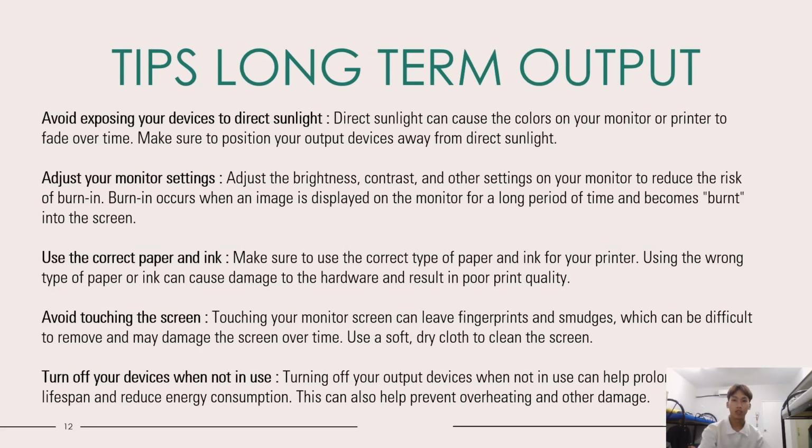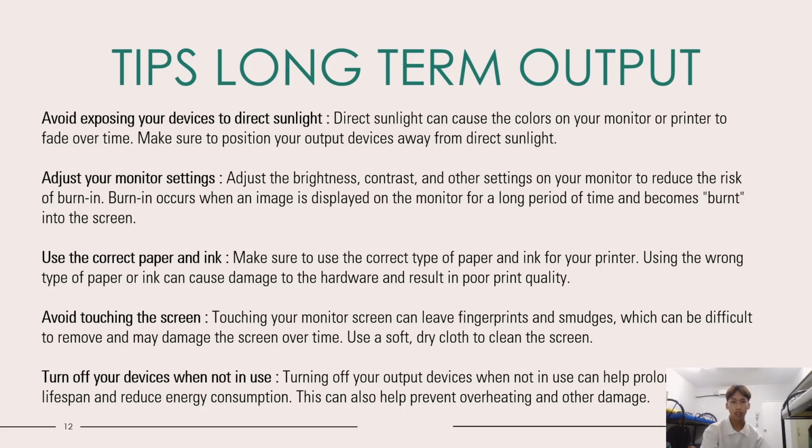Tips for long-term output device use: first, avoid exposing your device to direct sunlight. Direct sunlight can cause the colors on your monitor or fan to fade over time. Make sure to position your output device away from direct sunlight. Next, adjust your monitor settings.